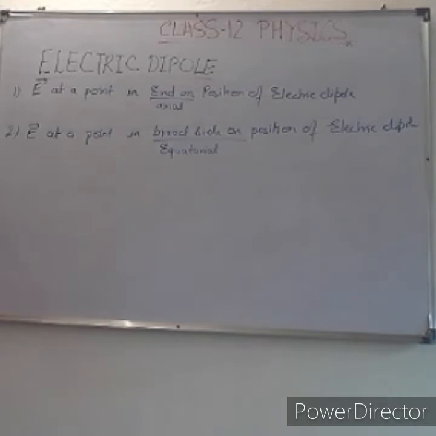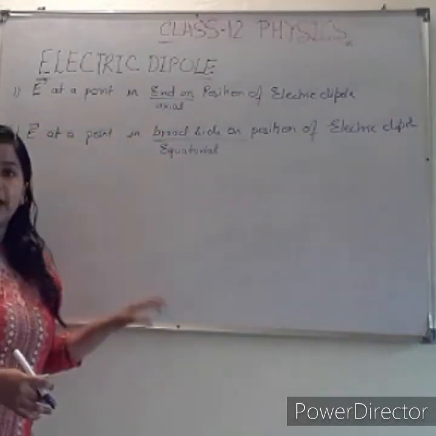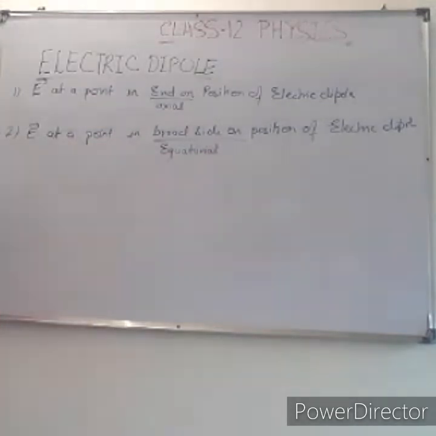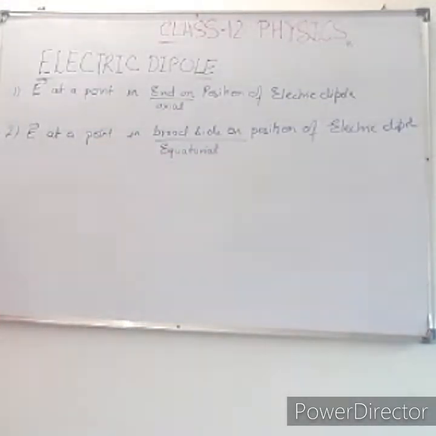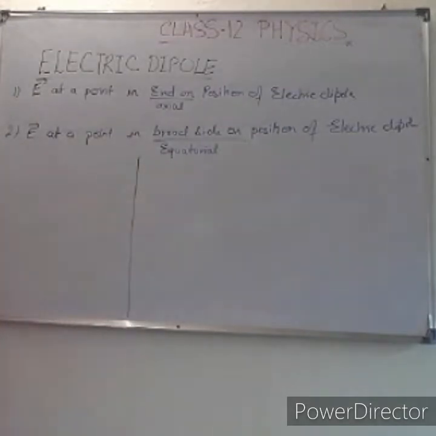So if a question is asked in any form, whether the position is end-on, that means axial, or broadside-on, or equatorial, you may solve in accordance with that. Before this, you must know the figure. I am taking the first case, the end-on position. Axial is related to the axis.